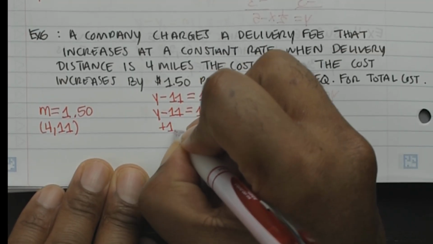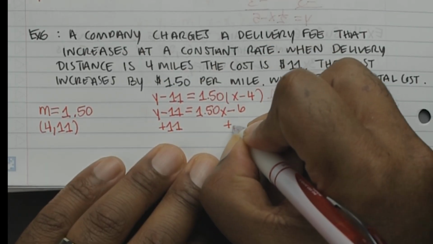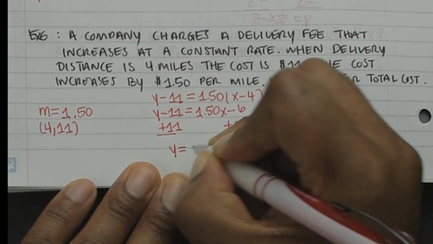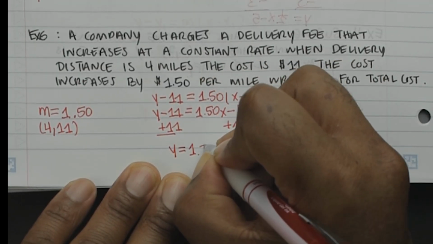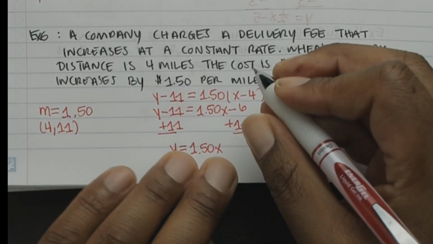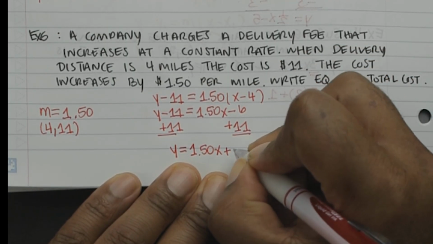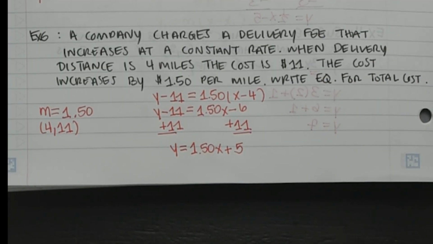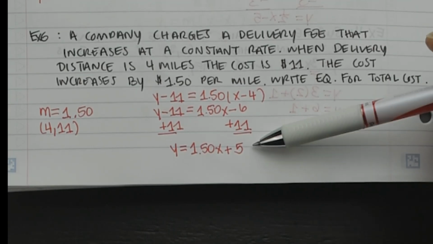We're going to add 11 to both sides. The final equation is y equals 1.50x plus 5.